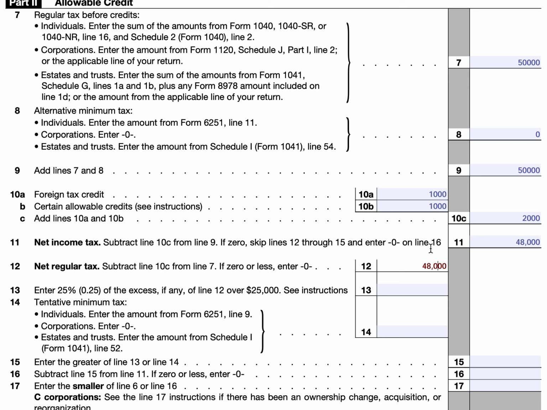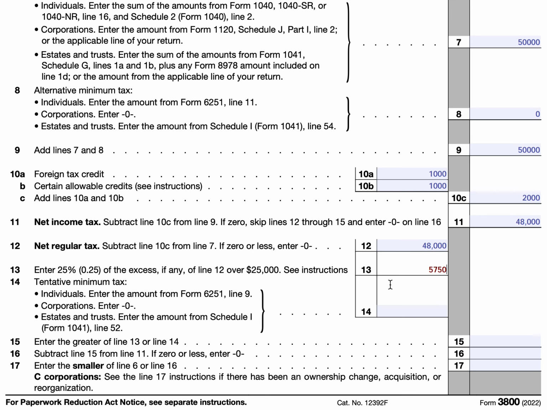So now we can take any amount that's over $25,000, multiply that by 0.25, and enter the result. So that ends up being $57.50 that we'll enter here.